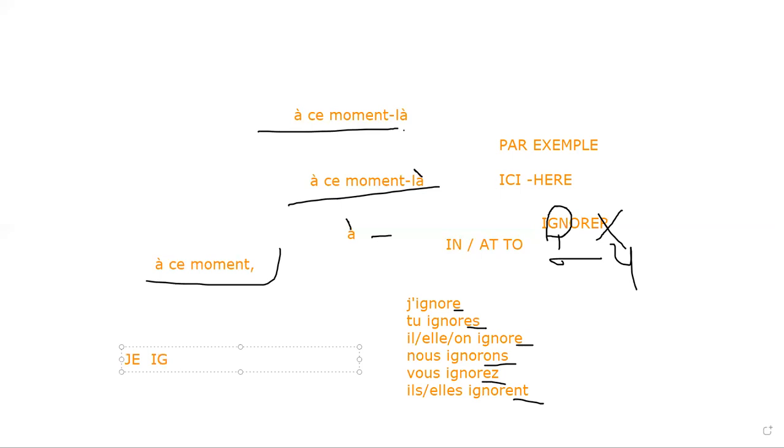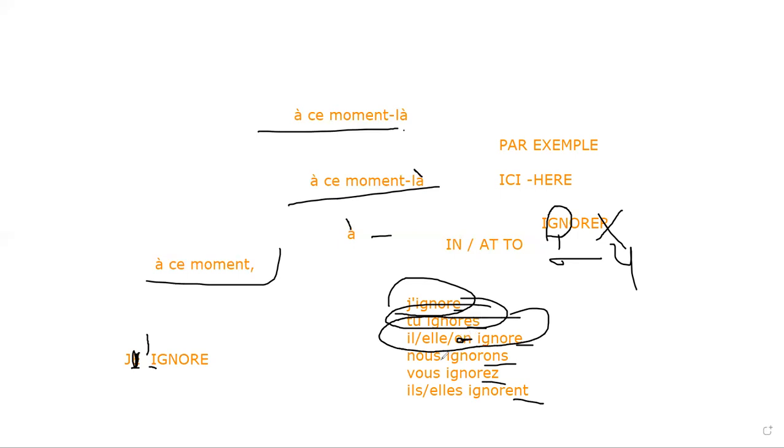But if we have E, now the word is ending in E and the next word is starting with I. So we have to eliminate the first vowel, like putting an apostrophe. So I'll say j'ignore. Read it out, j'ignore. J'ignore, tu ignores, il elle ignore.